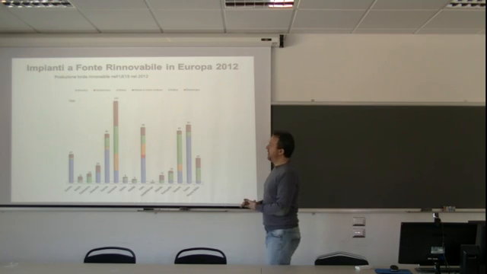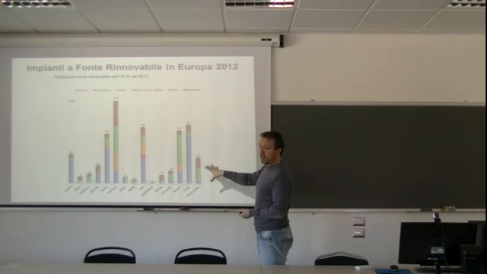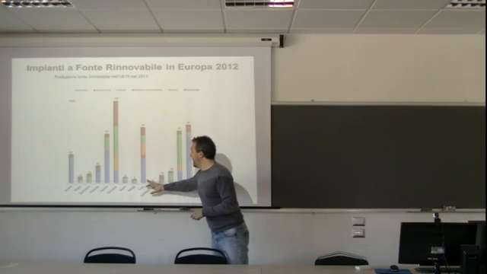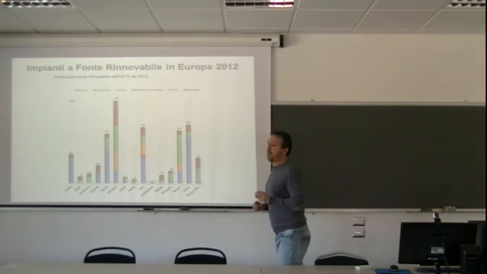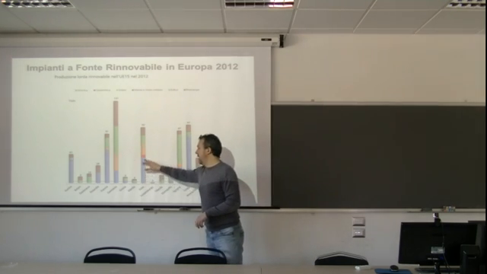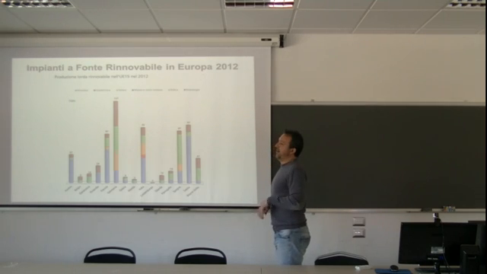This is also a very interesting graphic, because it shows for each country the production of each renewable energy. So, for example, in Italy, we are speaking about electricity, only electricity from renewable energy. In Italy, hydroelectric production is very important, but we also have to say that this sector started a lot of years ago.